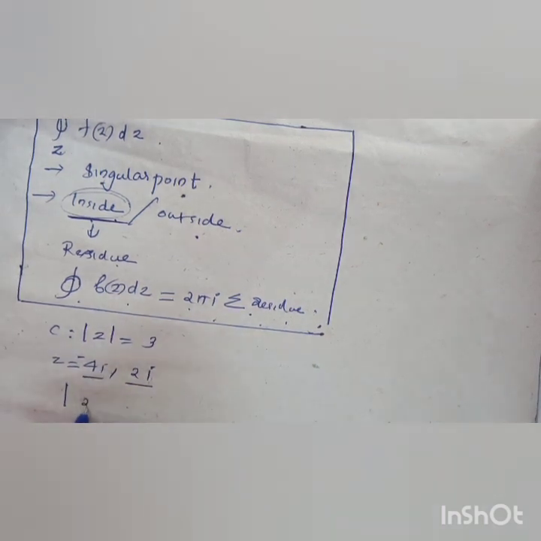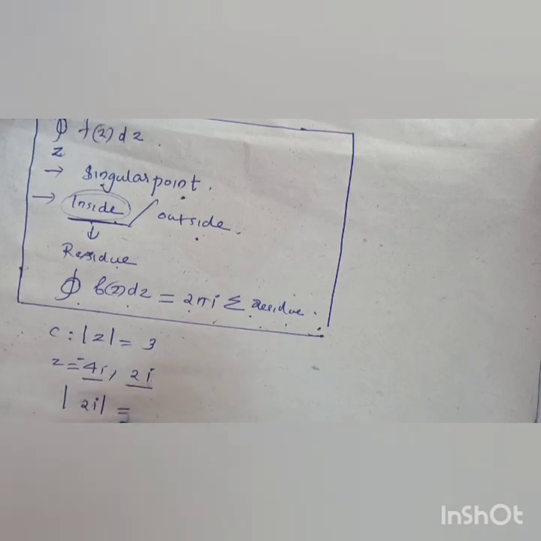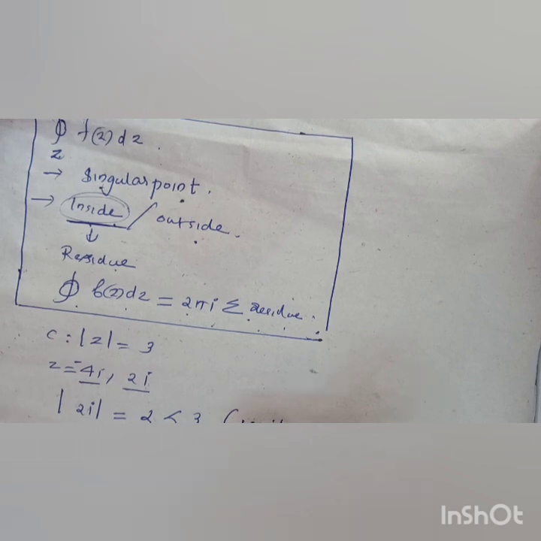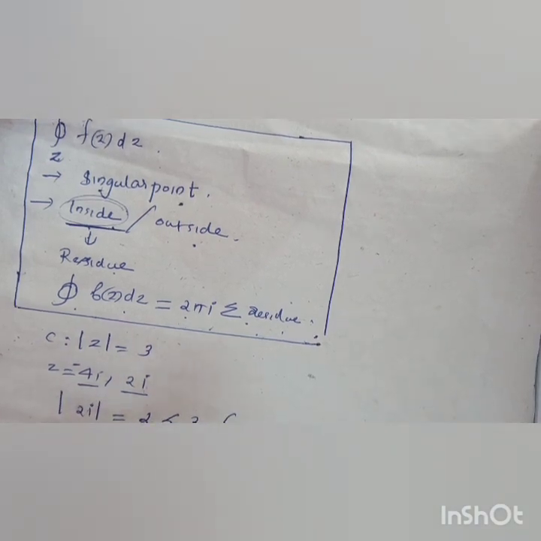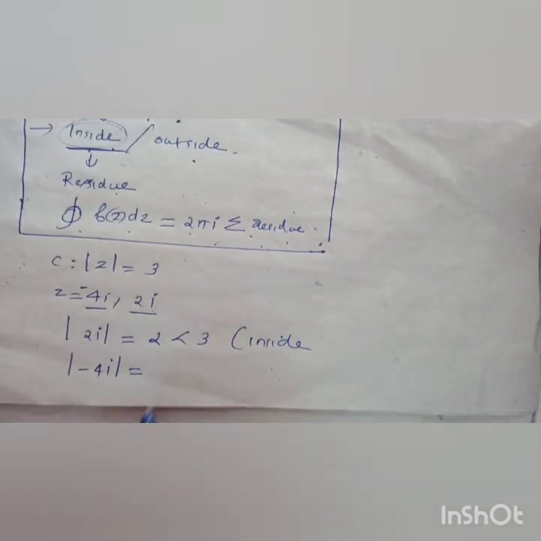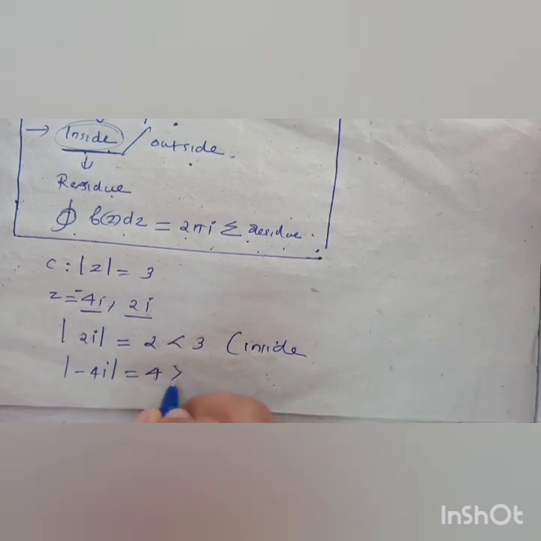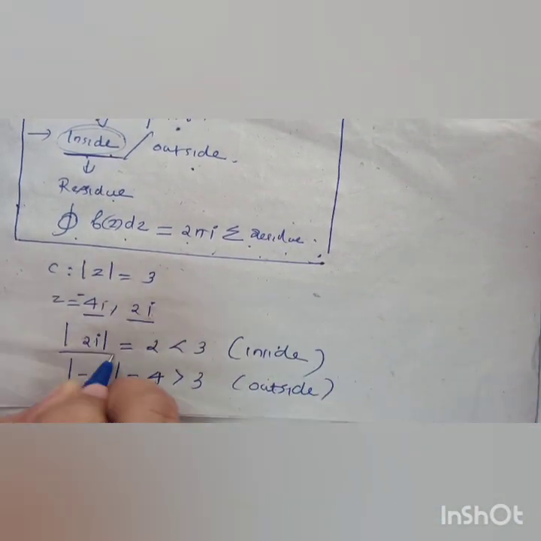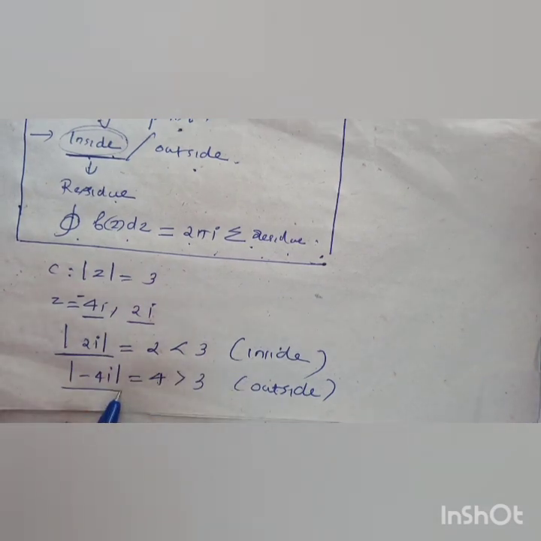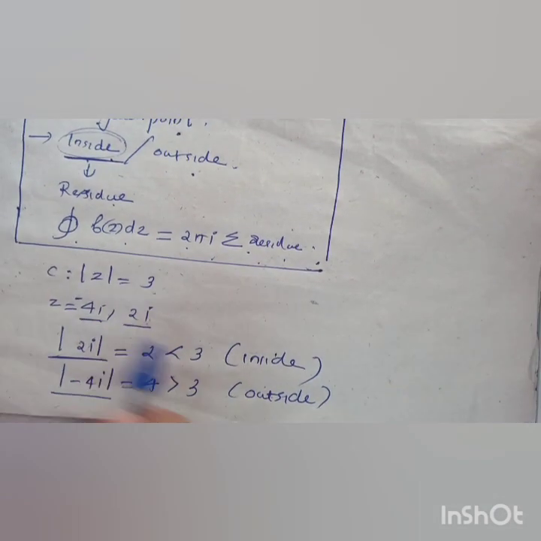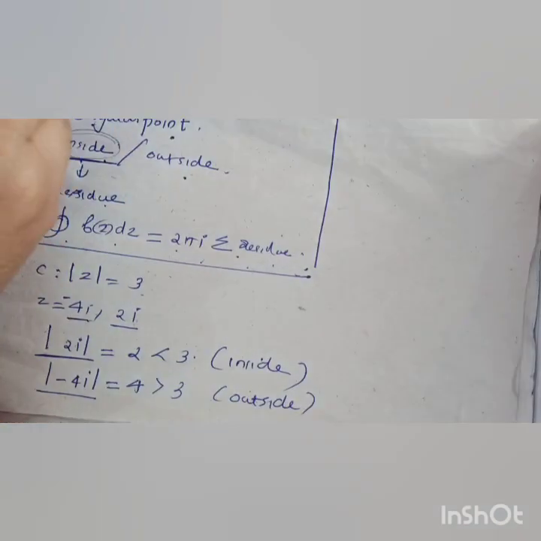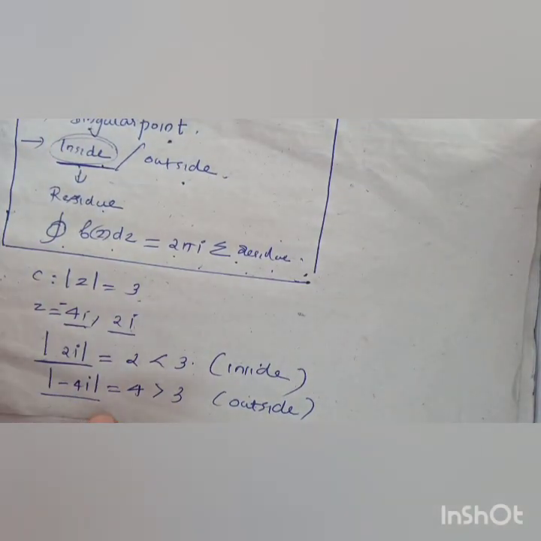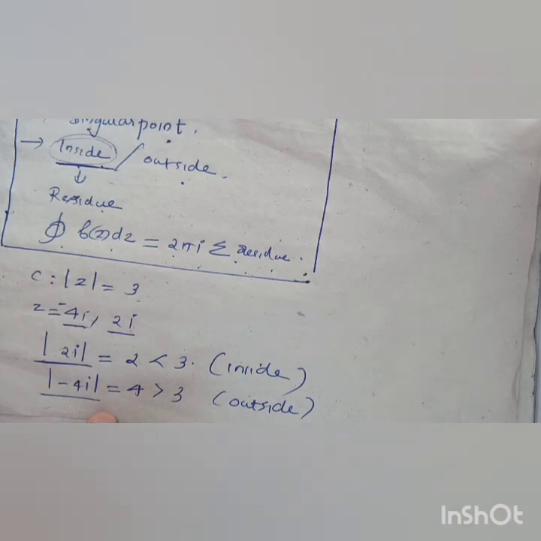For 2i, the magnitude is 2, which is less than 3, so it is inside. For -4i, the magnitude is 4, which is greater than 3, so it is outside. So just find the magnitude of the singular point and check whether it is inside or outside. This is the procedure we follow.